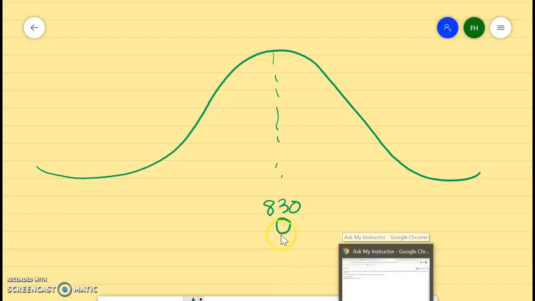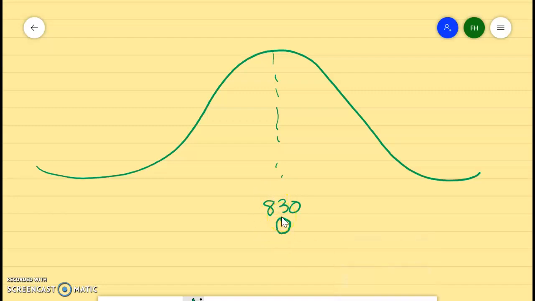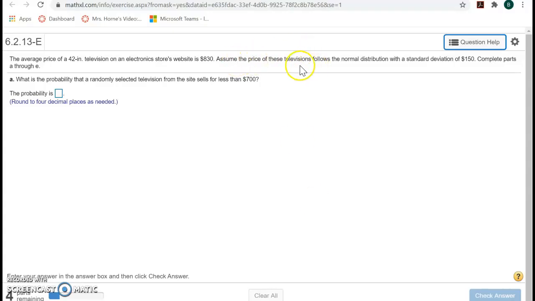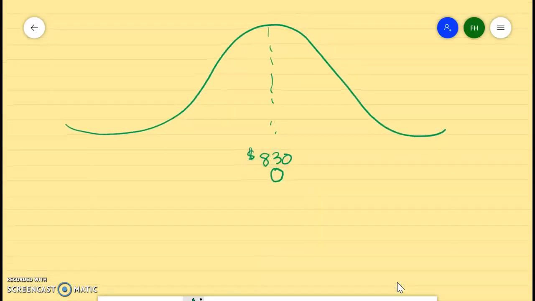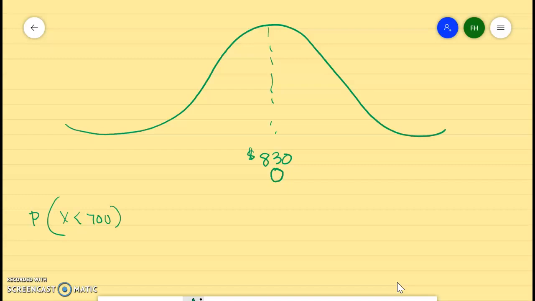So we have converted $830 to the z value of 0. Now, in the normal distribution, the standard deviation is 150, and we're trying to find the probability that x is less than 700.